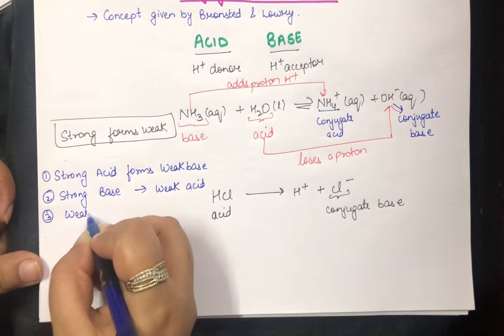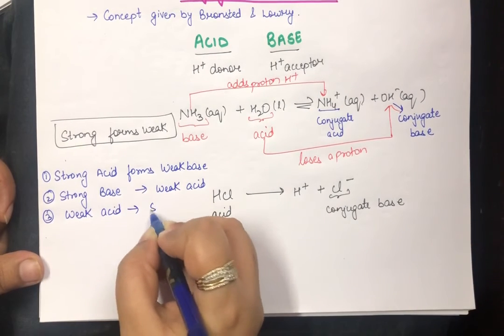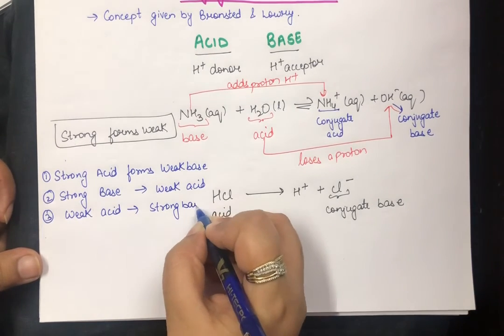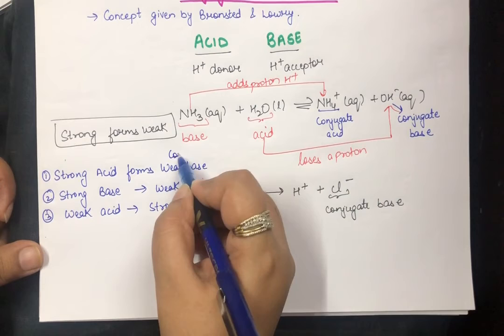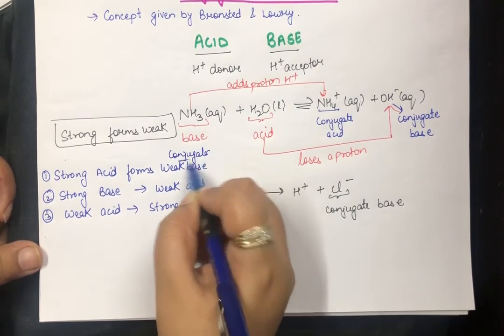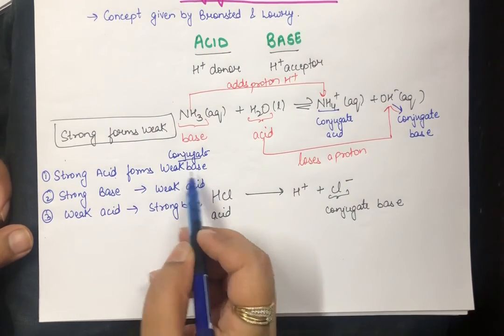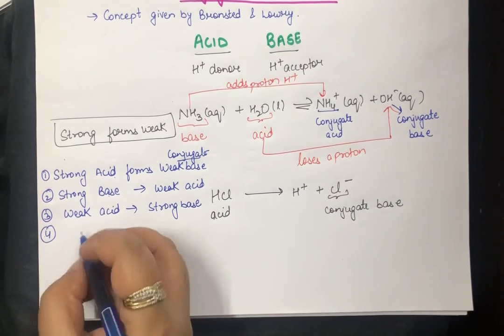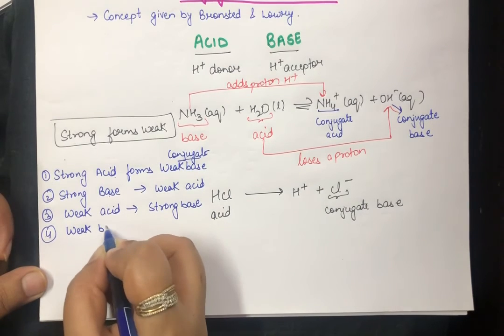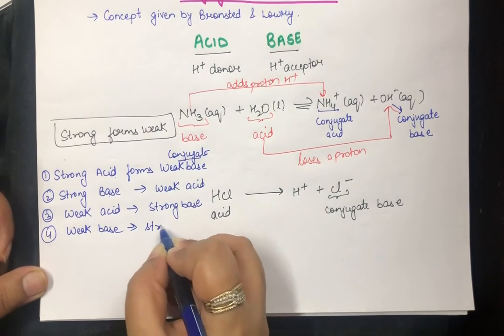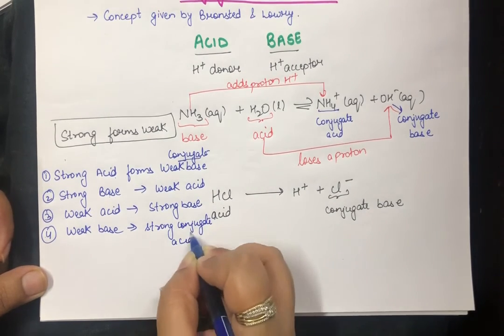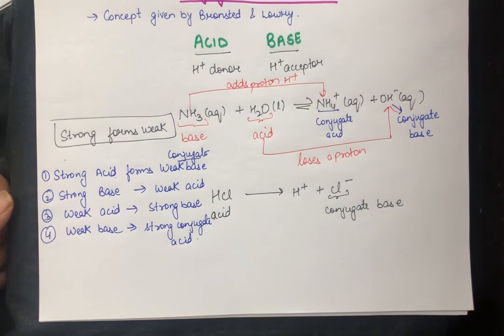Also, if you have a weak acid, it will give you a strong conjugate base. I just want to clarify that all the things that are being formed here are conjugates. So the strong acid was forming a weak conjugate base, strong base was forming a weak conjugate acid. Similarly, a weak base will form a strong conjugate acid. So if you remember this concept, you can solve any of the questions related to this topic.